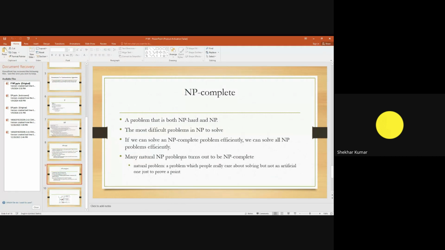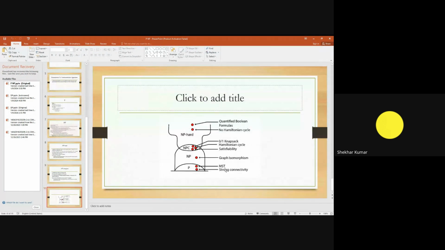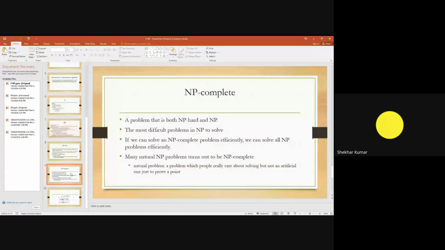If a problem A can be reduced into an NP problem B in polynomial time, problem A will be an NP complete problem.